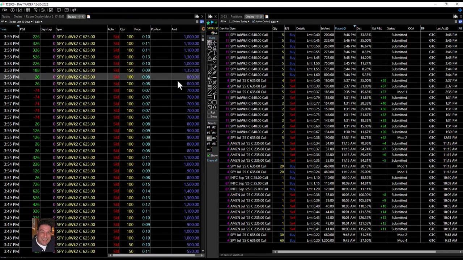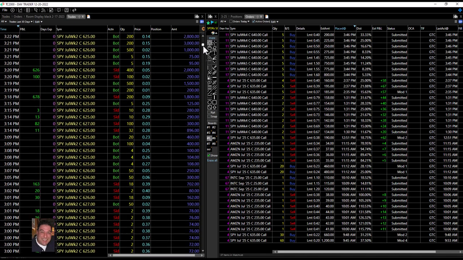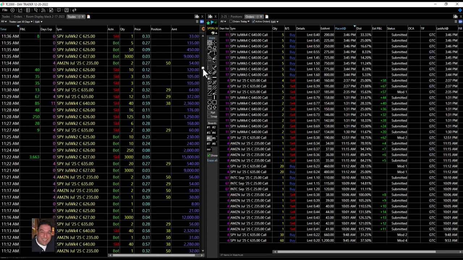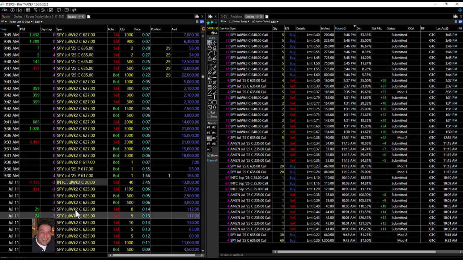Here are my puts. I'll scroll down to first thing this morning, about 9:30. You can see right there, 9:30. I bought a 4 DTE put, a 1 DTE put, and a 0 DTE put.